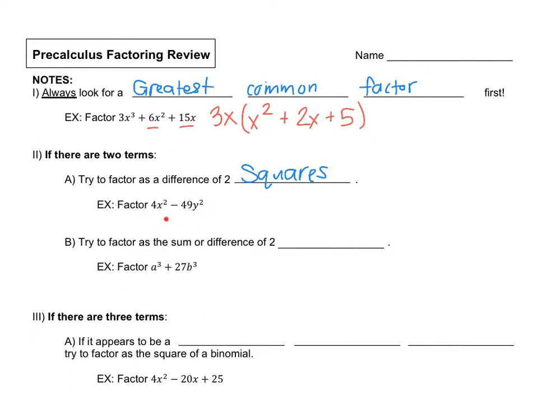Looking at this example, 4x squared and 49y squared are both perfect squares, because I can think about what I would square to get 4x squared, and what I would square to get 49y squared. If I square 2x, multiplying it by itself, I get 4x squared, and if I square 7y, I get 49y squared. So I first rewrite it as what I am squaring to get my difference of squares.